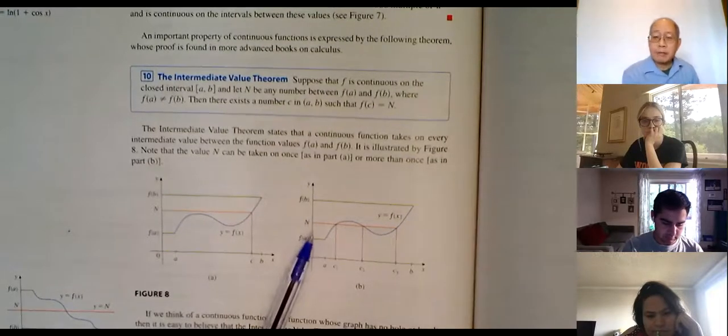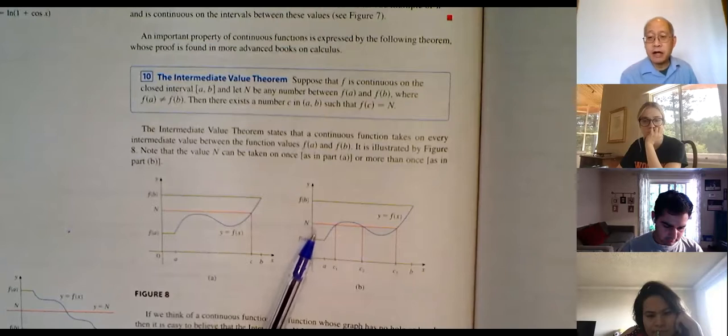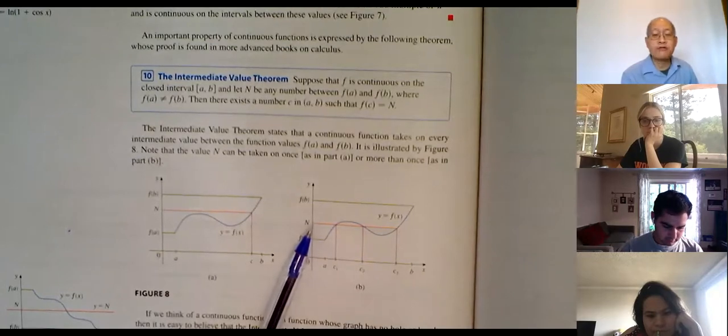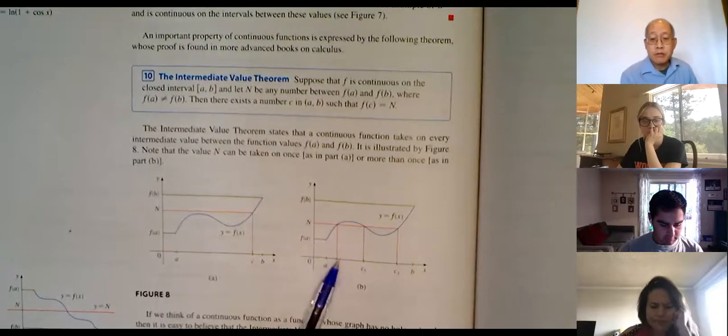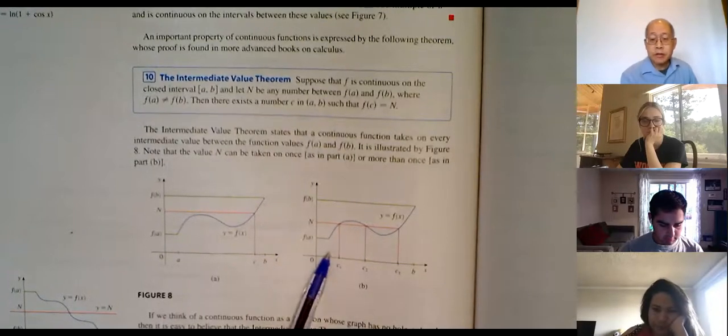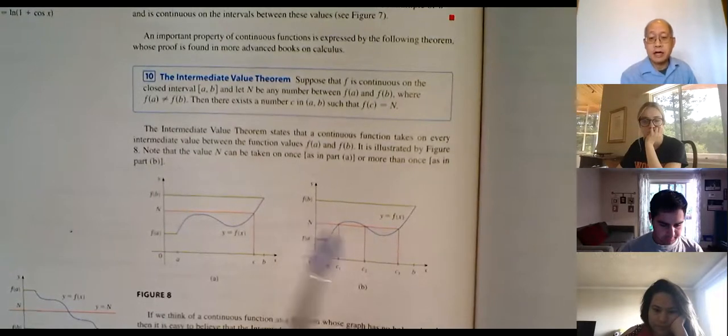So pick any number between 3 and 10. 4, 5, 6, 7, 8, 9, 7.5. Pi is in there, right? 5.3165214148228. Somewhere between a and b, the y value is what I just said.